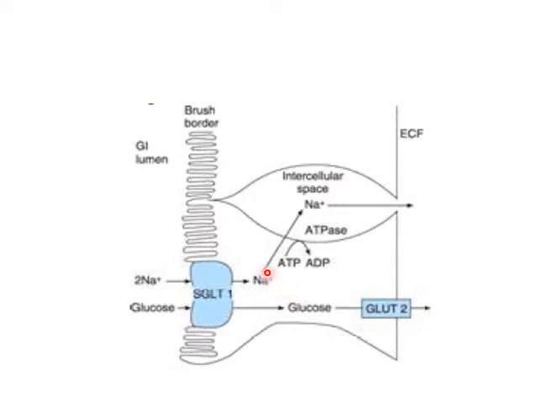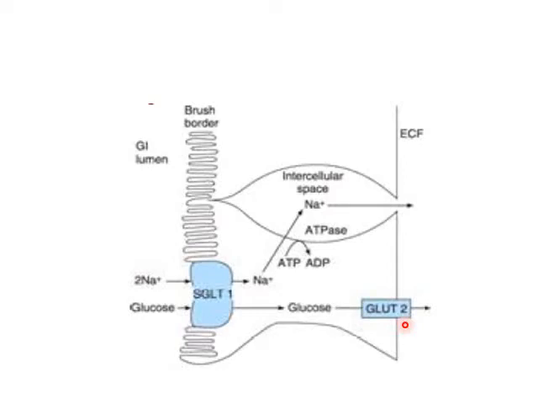Sodium is actively transported into the lateral intercellular space, utilizing energy. Glucose is transported out of the enterocyte by a transport system named GLUT2 present on the basolateral membrane of the enterocytes into the interstitium, then into the blood of capillaries draining into the portal vein.